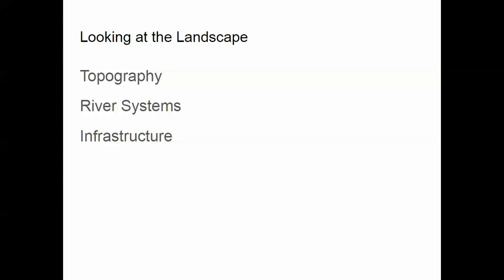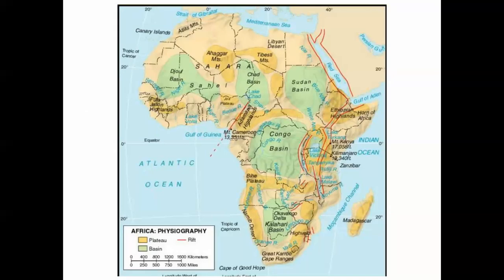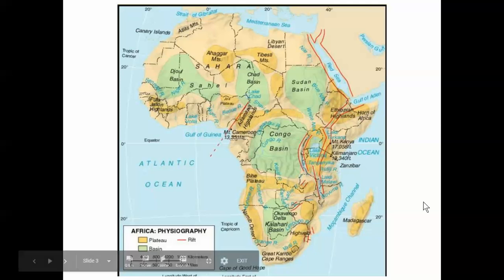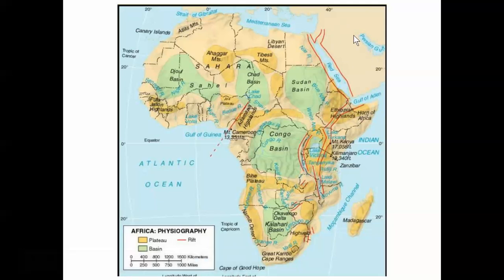Okay, so let's think about this. If we look at the African continent primarily, although we're also going to look, if you notice up here, at the southwesternmost portion of Southwest Asia, what we see is a relatively flat tabletop. And along this edge, most notably, is what we call the Rift Valley.